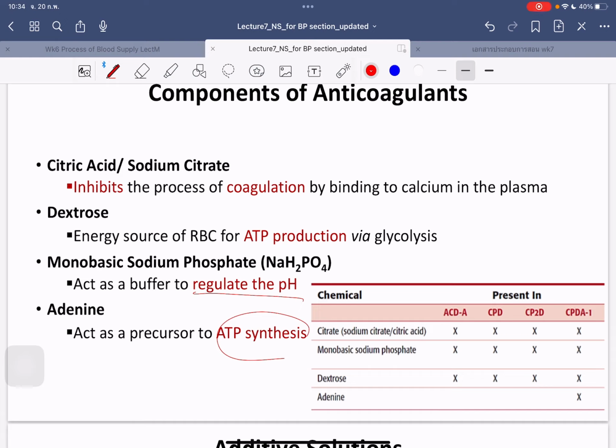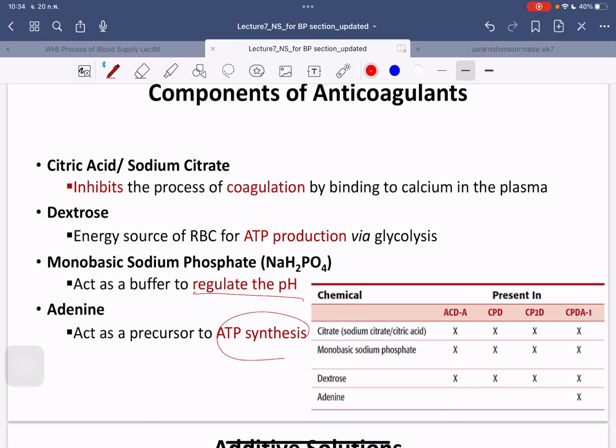Urea. Yes, urea. And then what happens? The blood is going to become basic. The pH is going to increase, so it will not be good either. That's why they have to use the two components together.